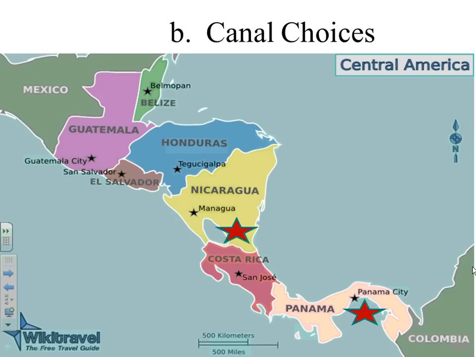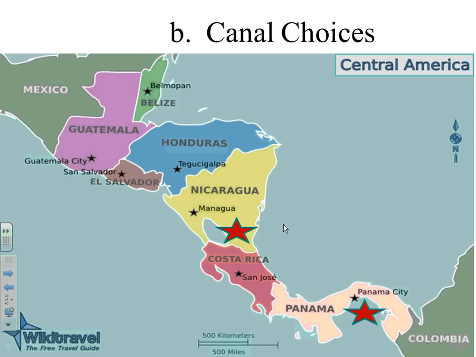We can see the big stick foreign policy model in relationship to the story of the building of a Western Hemisphere canal. You can see here in this map, there's two stars located in Nicaragua and also in Panama. And when the idea of building a Western Hemisphere canal was being discussed, these were the two locations that were being debated where the canal should be built.